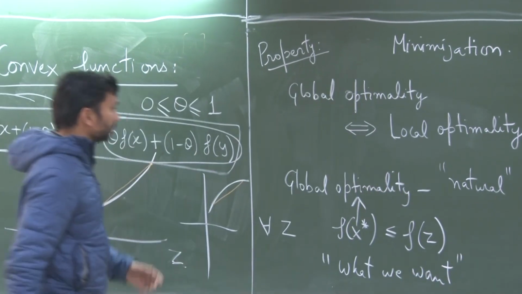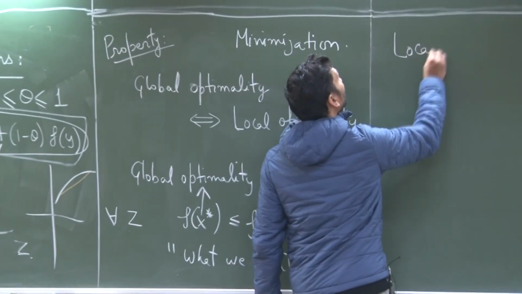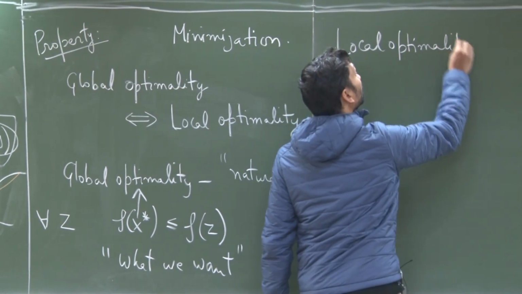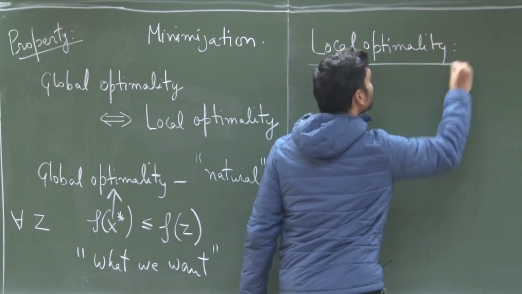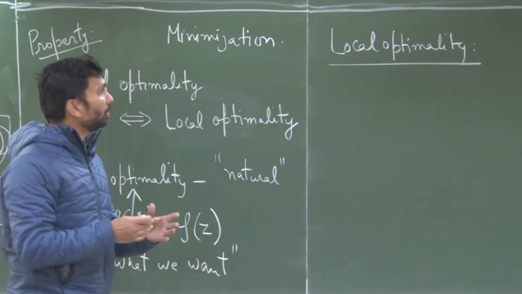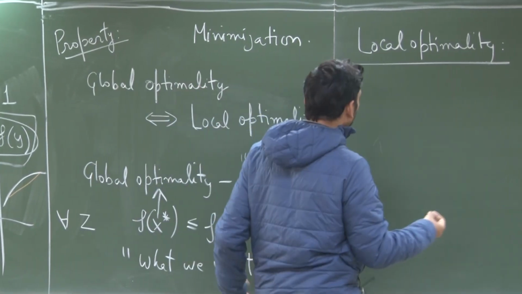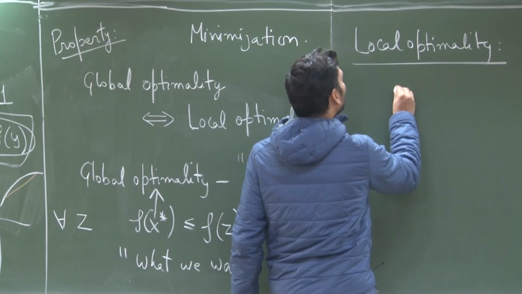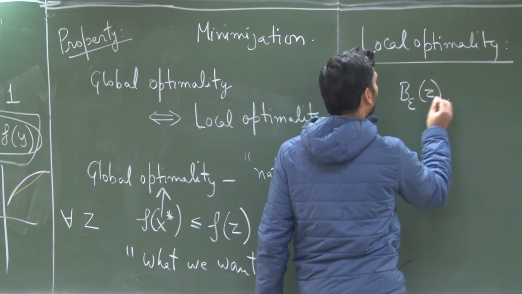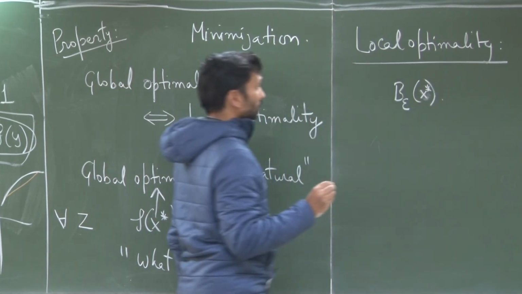What we want. On the other hand, local optimality, you might guess, is the condition which says that if you look at the point, it is the minimum around it, in the neighborhood. The way we would like to say it is, let us look at a very, very small ball around x star. Okay?